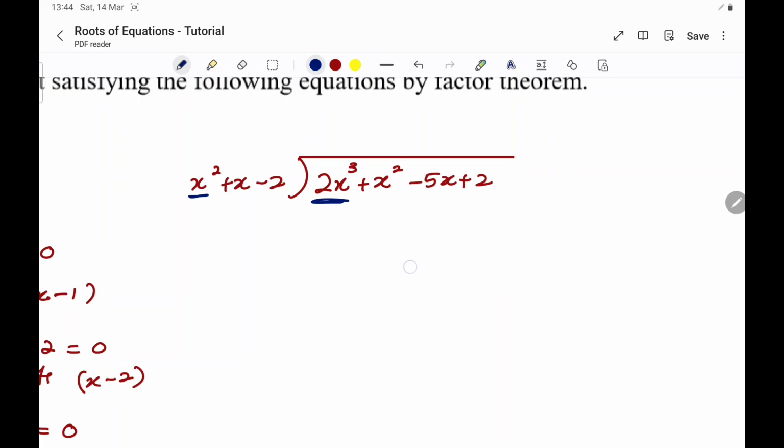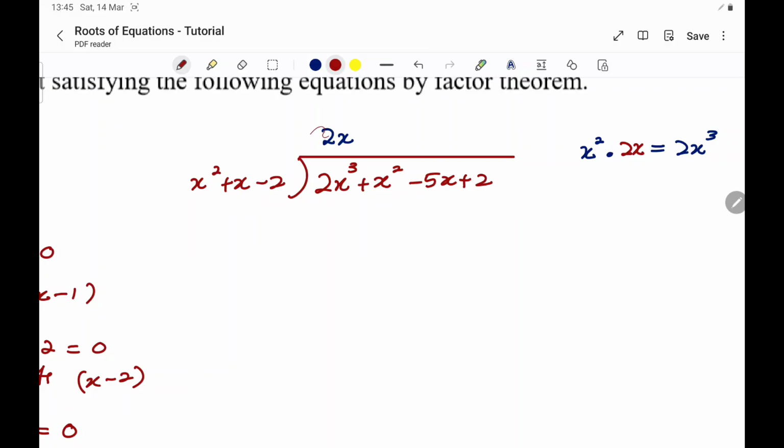You have x squared here, right? What do we multiply with x squared to get 2x cubed? In order to get 2x cubed, you multiply with 2x. So that's why on top here you will put 2x.